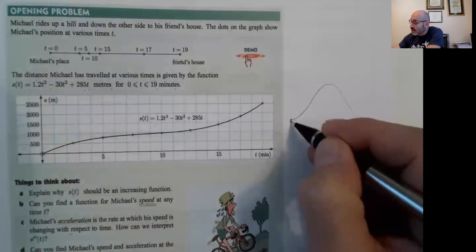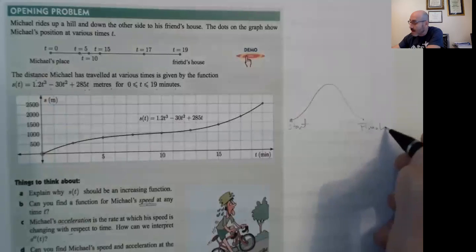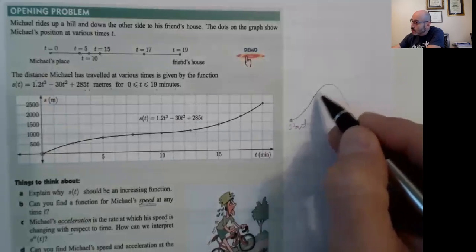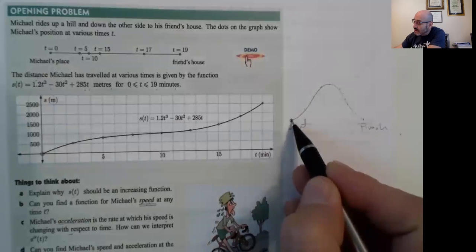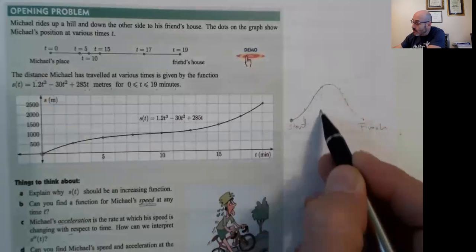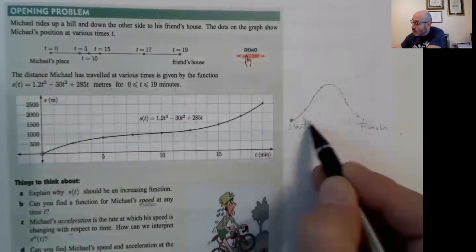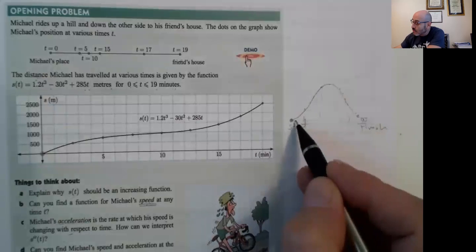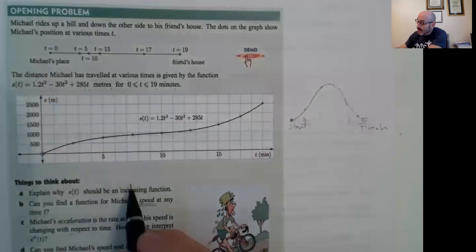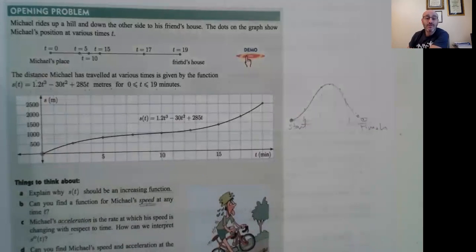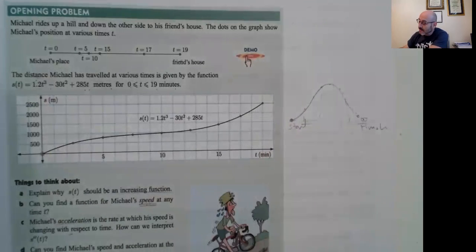So if this is the starting point, and this is where he's gonna finish, as he goes up and down, we are incrementing the distance he's at from the starting point, right? So at the end, if he finished here, then we have been increasing the distance that he covers. So that's why this should be an increasing function, like it shows on the graph. It's going up, it's an increasing function, right?